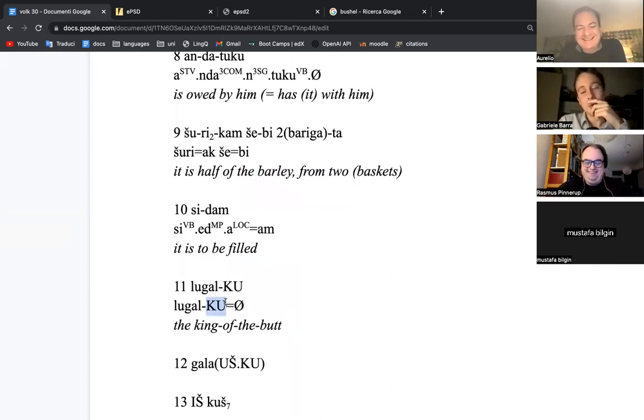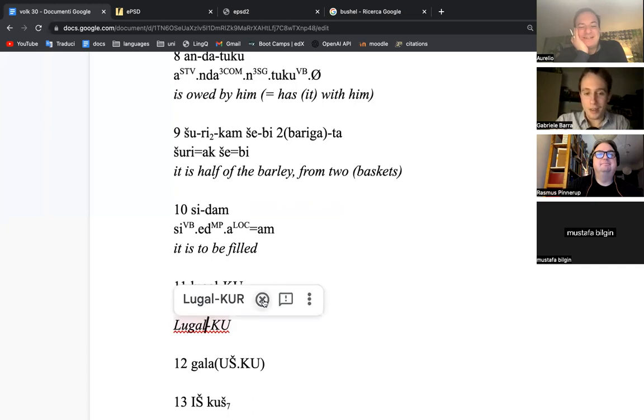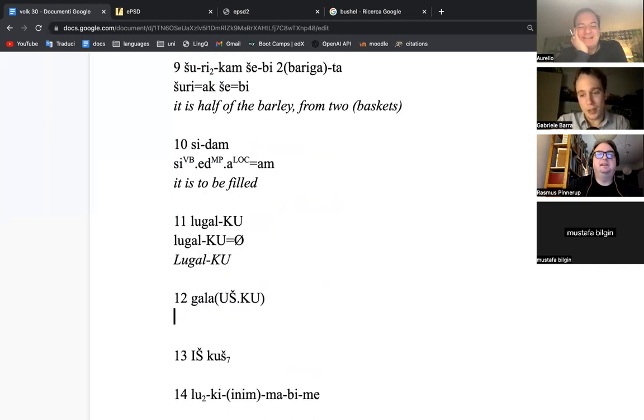So the ku has a whole lot of readings, but it originally stands for the buttocks. So the king of, I mean, it's a name. What else would it be? Yeah, I'll just say it, I guess. The king of the butt. Oh my God. And who is this king of the butt? It's a priest.